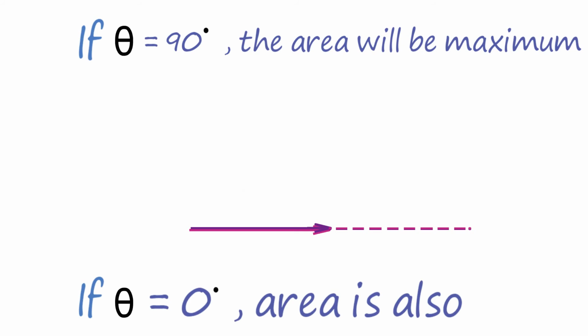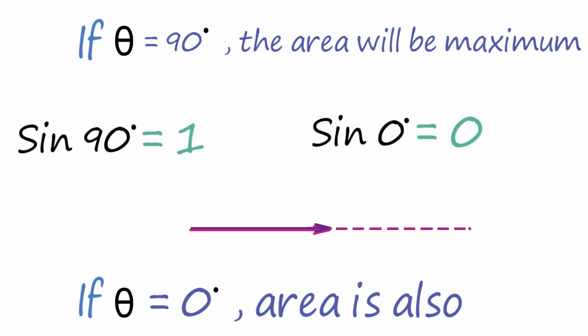This is exactly like the values of sine. Whenever theta, the angle between the two vectors, is 90 degrees, the value of sine theta is maximum, basically 1. And if theta is 0 degrees, then the value of sine theta is also 0.